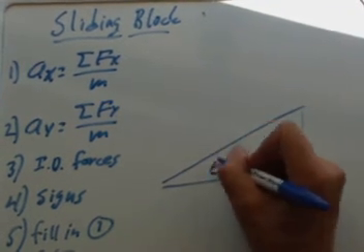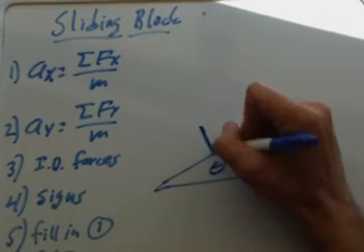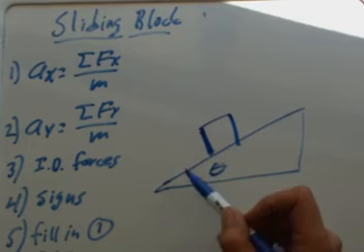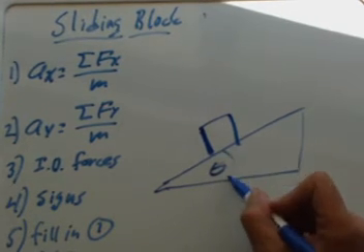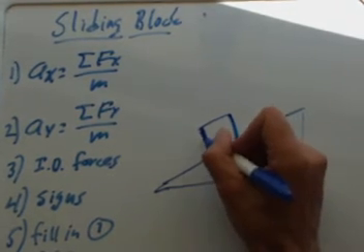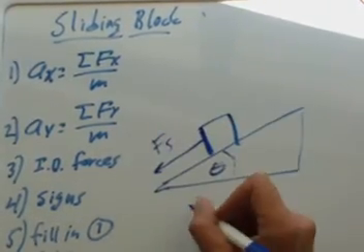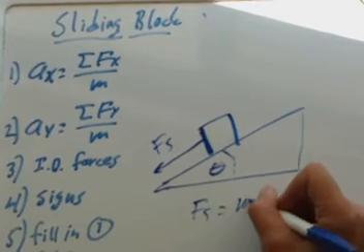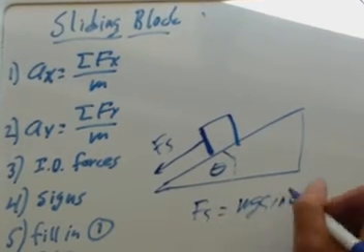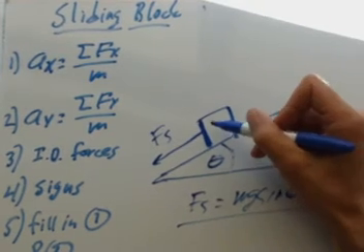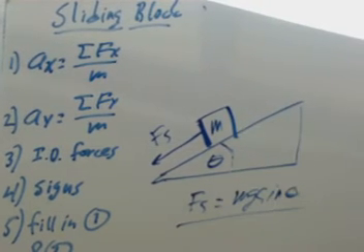Whenever you have an object on an incline, and I don't care what else it might be doing, there could be friction and ropes and tension and all kinds of other stuff in the problem, but the very fact that it's on an incline, inclined to some angle theta, you just walk right up to it and say there's going to be a sliding force, F sub s, just put it on there, and F sub s is always going to be mg times the sine of theta. This is the force that causes the object to want to slide down the incline if it has a mass m, and off you'll go. And now you can continue with the rest of the problem.